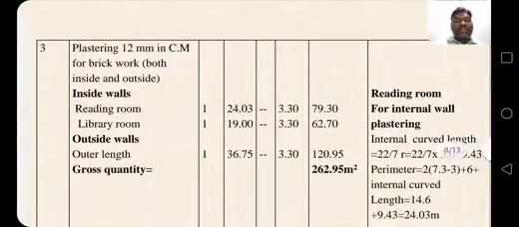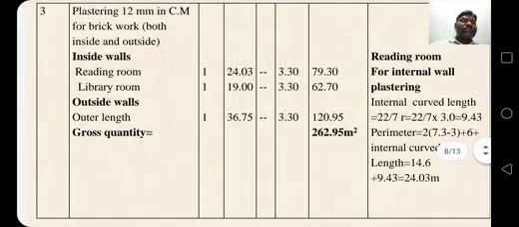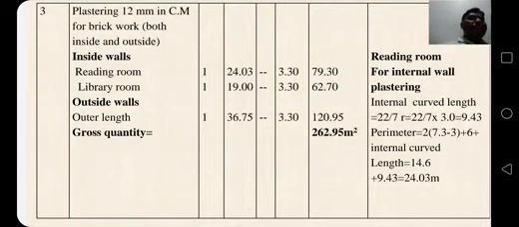Third item is plastering 12 millimeter in cement mortar 1:4 for brickwork both inside and outside. Inside walls reading room 1 into internal curved length 22 by 7 into radius 3 is 9.43, perimeter 2 into (7.3 minus 3) plus 6 plus internal curved length is equal to 14.6 plus 9.43 is equal to 24.03 meter.